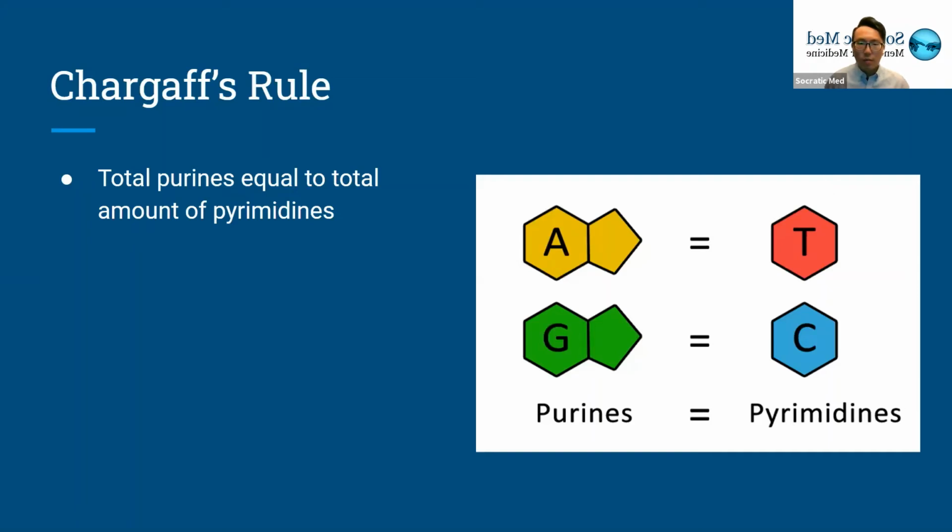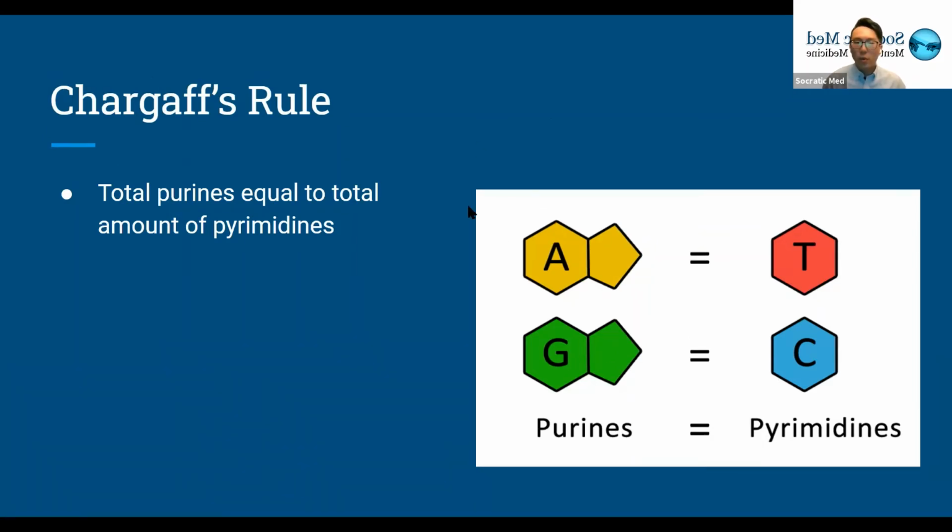So there's a rule called Chargaff's rule. That's the rule that says that the total amount of purines has to be equal to the total amount of pyrimidines, which makes sense since a purine always binds with a pyrimidine.